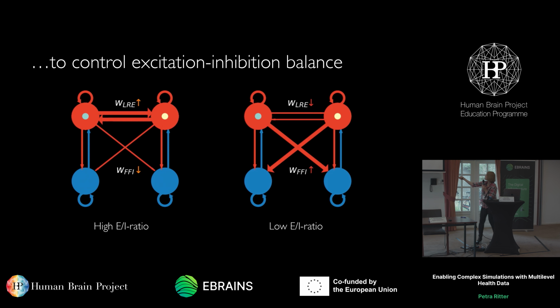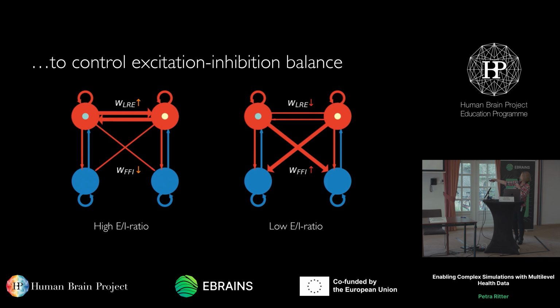I think the battery is empty. Oh, yeah. This shows the feed-forward inhibition, which is very weak here. So here we would have a high excitation-inhibition ratio in this setting.